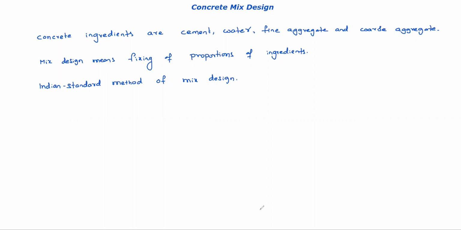That means the mix design must be based on 28 days compressive strength. That is characteristic compressive strength, right? How much is it required? Suppose it is 30, it means M30 concrete. So compressive strength, comma, durability.